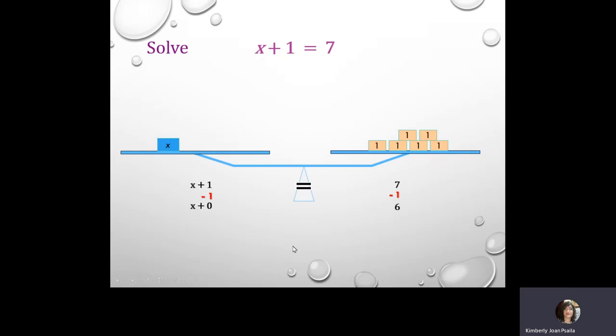Now, what was the value of x? Since 0 has a null value, x is equal to 6 here. So the main thing when you use the balancing method to solve an equation is that what you do to the left-hand side has to be done exactly on the right-hand side.